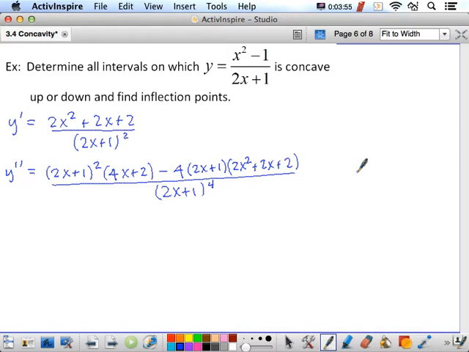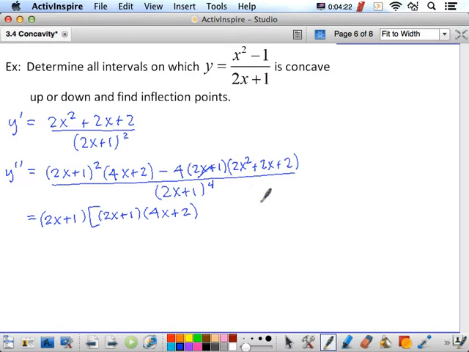Okay, now we can factor out a 2x plus 1, right? That's all we can take out, a 2x plus 1. So the 2x plus 1, and we are left with a giant bracket of 2x plus 1 multiplied by 4x plus 2. And then the 2x plus 1 here was taken out, so we're just left with minus 4 times all of that.